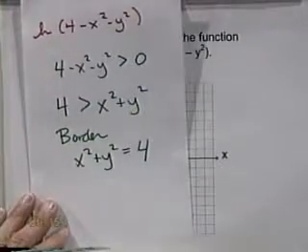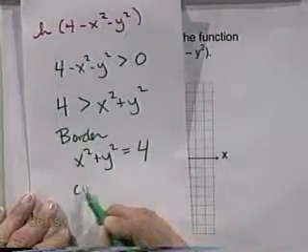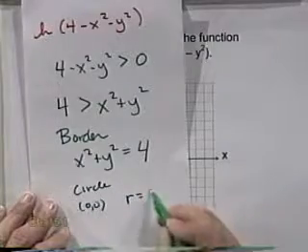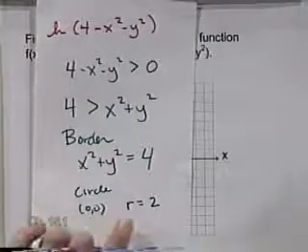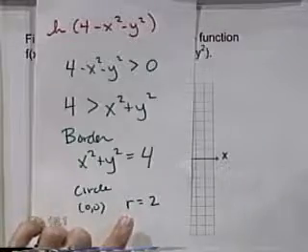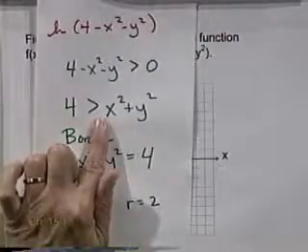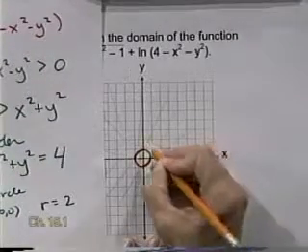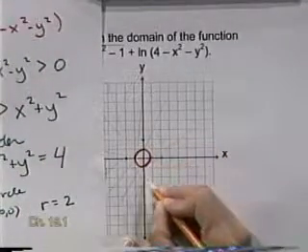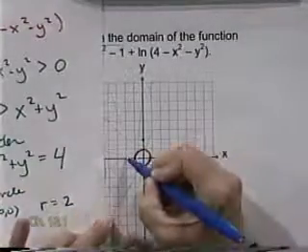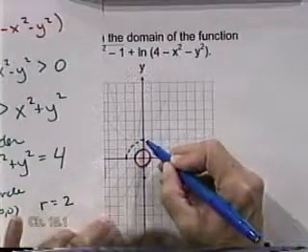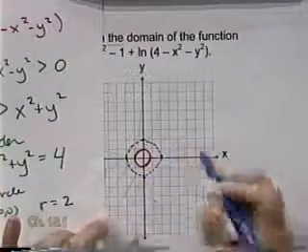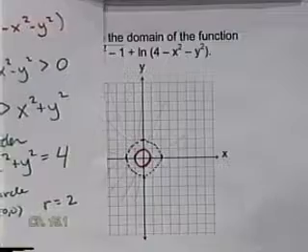What's that a graph of? A circle, center 0, 0. What's the radius? 2. And when I do my circle, am I going to make it a dotted line or a solid line? Since it's strictly greater, it's going to be dotted. Circle of radius 2, but I have to make it dotted. Okay, pretty sad looking circle, but you can use your imagination.